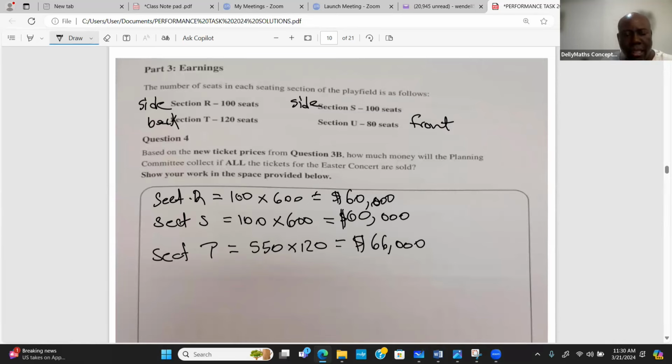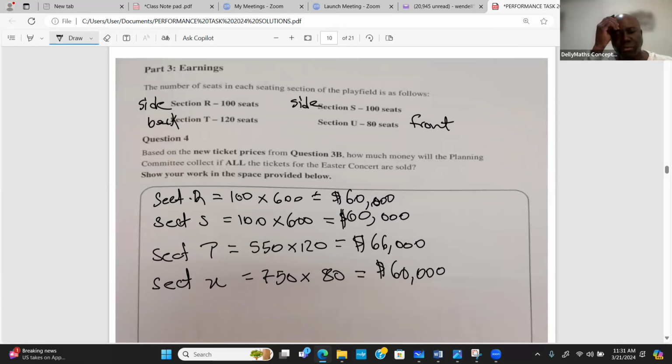Last section, but not least, section U. This is the VIP section. That ticket cost was going up to 750, and we actually have 80 seats, right? So 750 times 80, and we're looking at $60,000 right there.